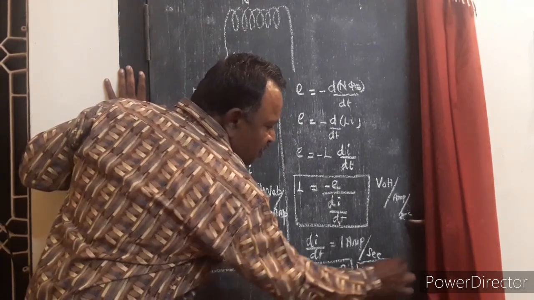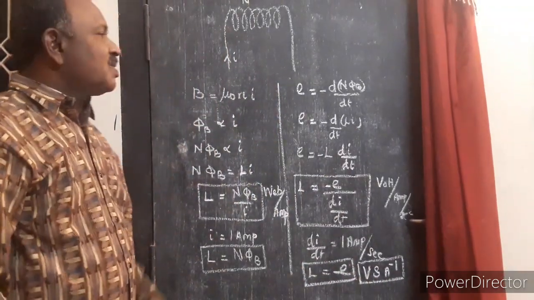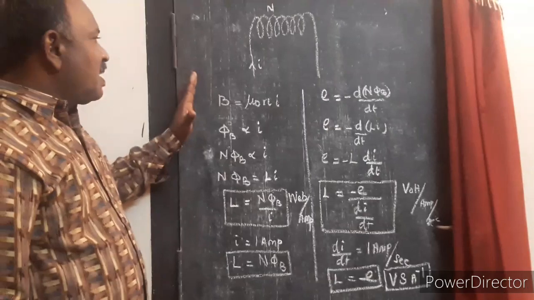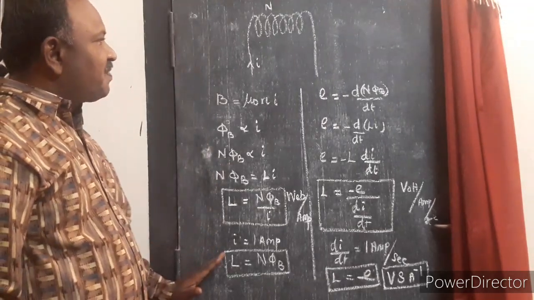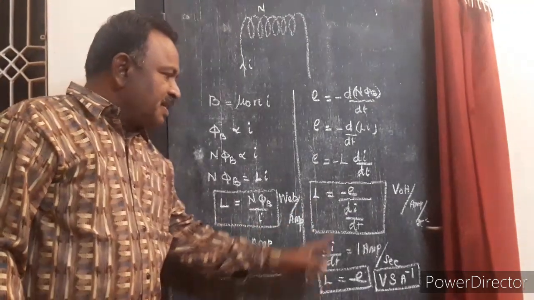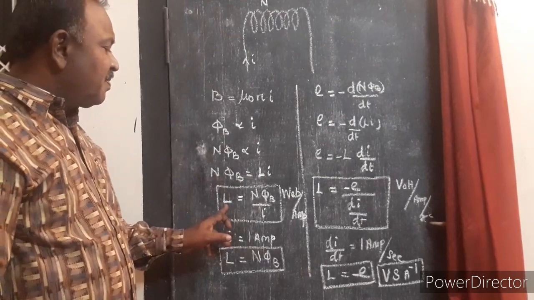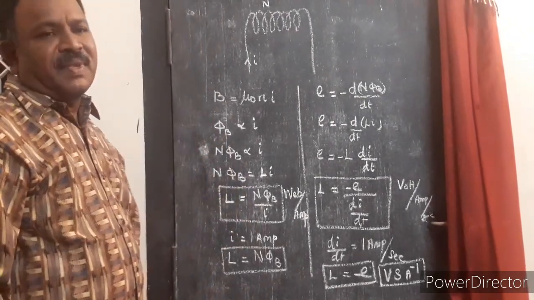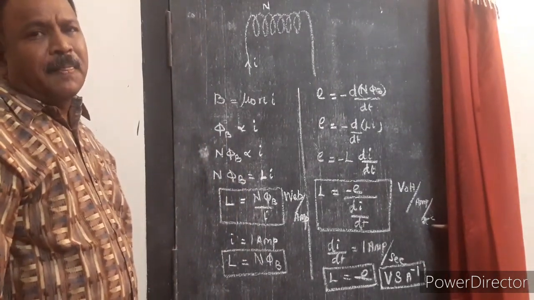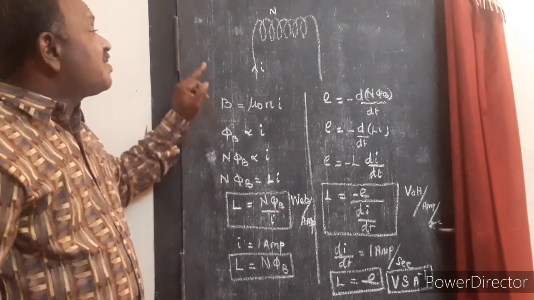So this is the unit for self-inductance of a coil. So this is how we can obtain expression for self-inductance, in terms of induced EMF and in terms of flux linkage. Next we are going to see what is the significance of self-induction.